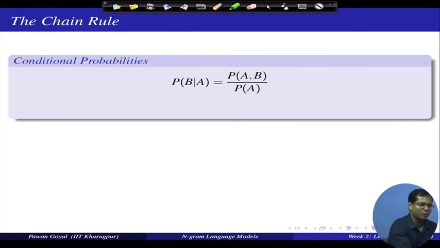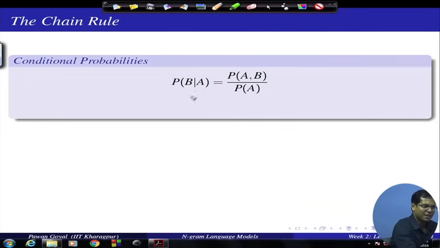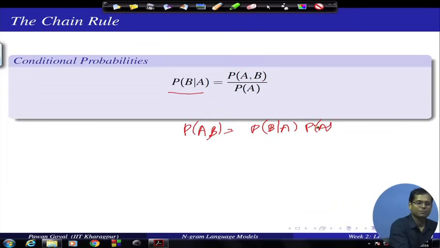Conditional probability you might remember. That is, what is the probability of B given A? That is the joint probability P(A,B) divided by probability A. Now you can also use that to write in some other way. You can say probability AB is probability B given A times probability A. And you can do that for any number of events in probability.